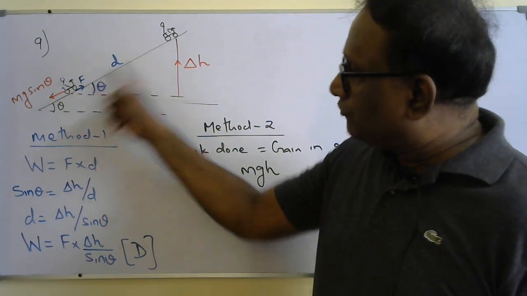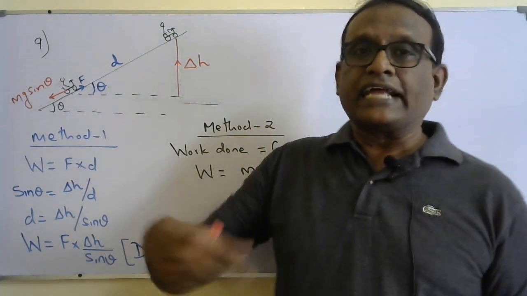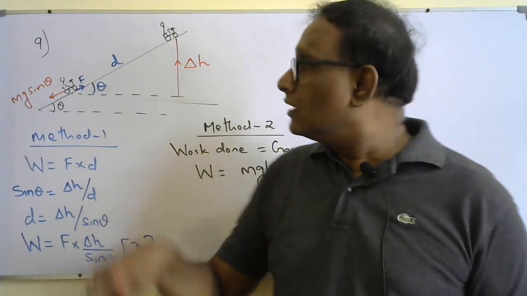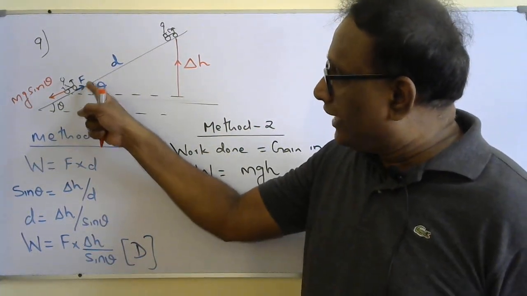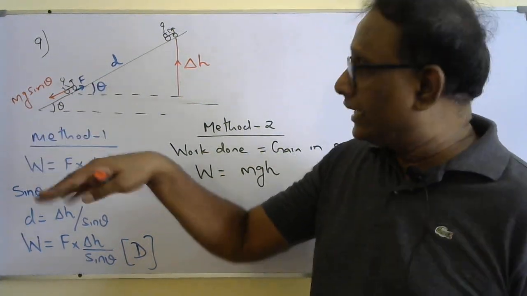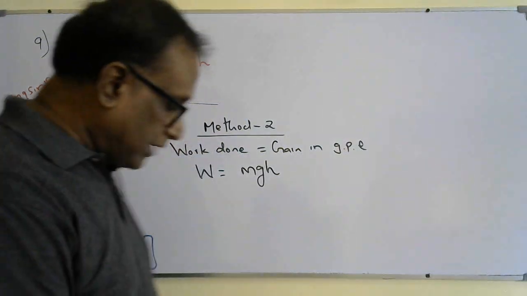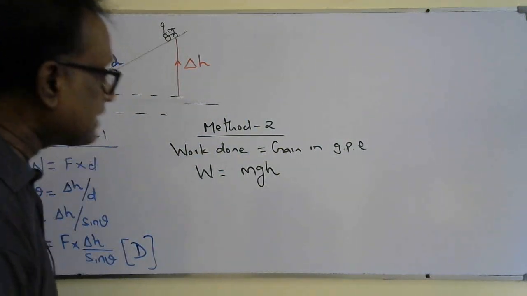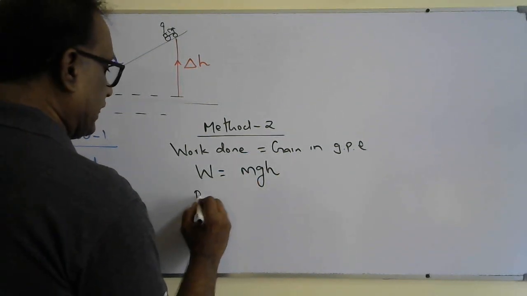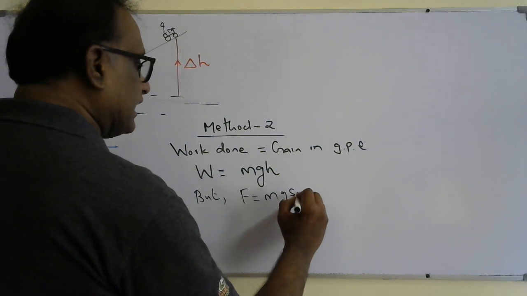Upward on the wheel is F, due to the contact force between the tire and the slope. The component of the total weight along the slope downward is mg sine theta. So F must be equal to mg sine theta.